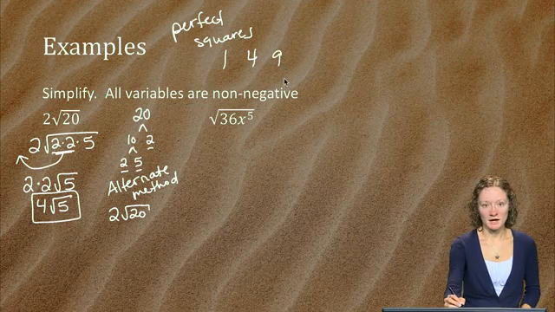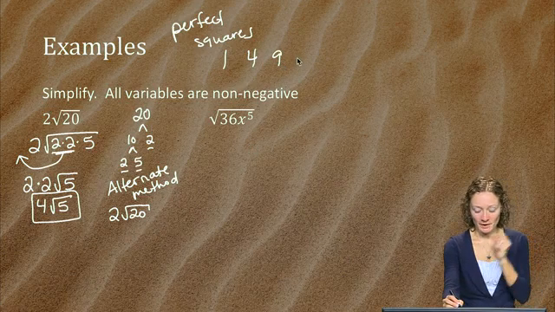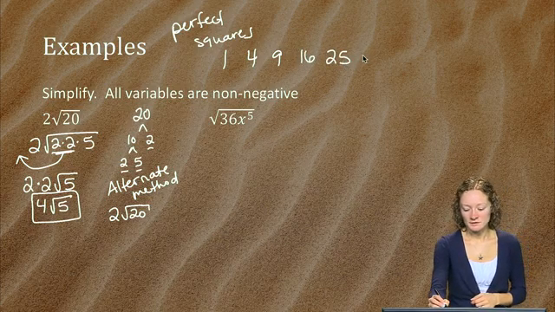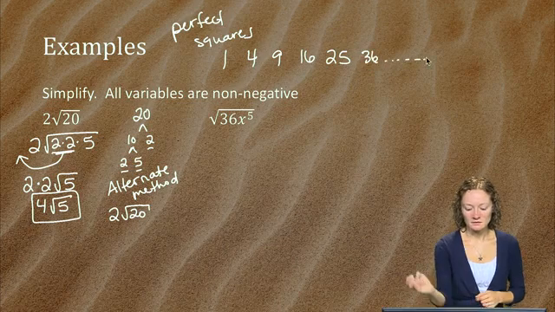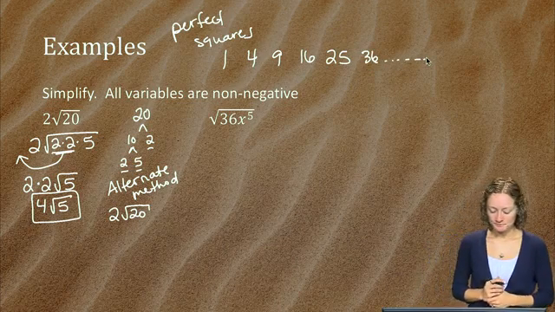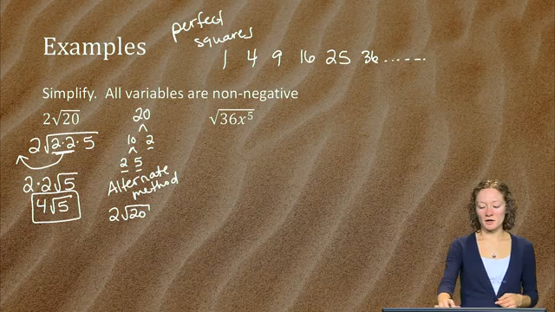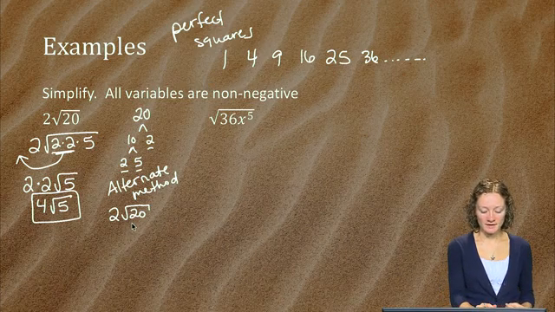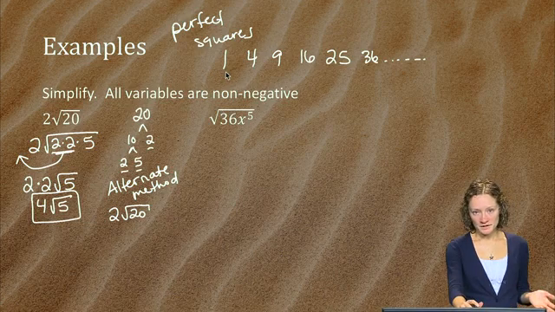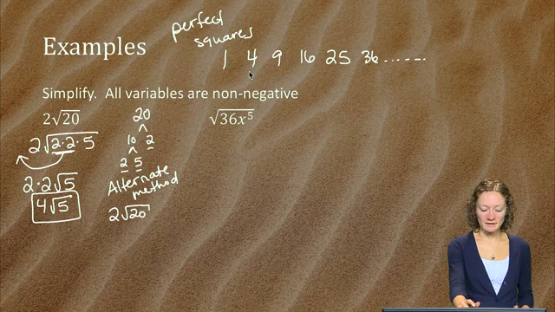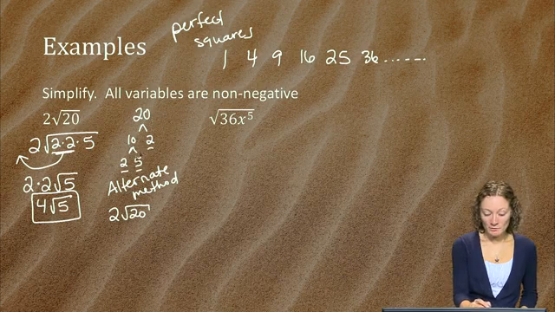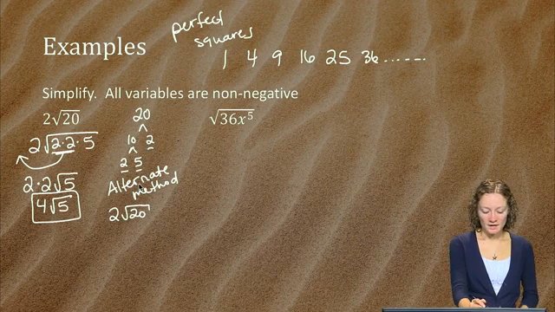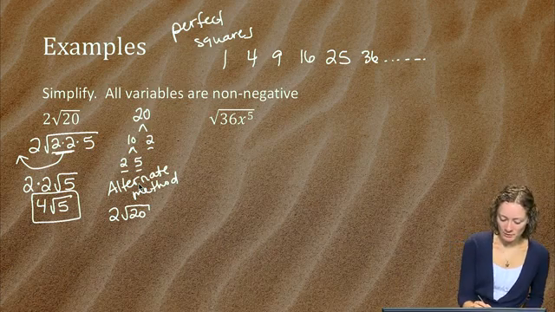The next one would be 9 for 3 squared. Then 4 squared is 16, 5 squared 25, 6 squared 36, all the way continuing on. So you're looking for one of these numbers to be able to divide out of what's inside. So 1 isn't going to help us. Can we divide 4 out of 20? In fact, we can. When we broke down 20, we didn't start with 4, but we could have. So it's just showing you that either method absolutely works.